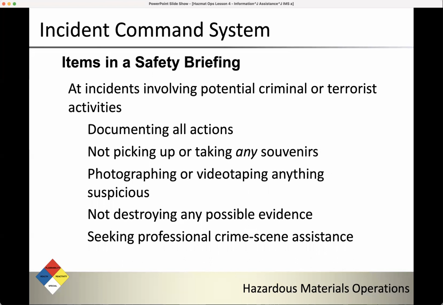We're going to document all actions. Everything we do is going to get written down. You're not going to pick anything up, take any souvenirs. I'm sorry, we're going to photograph and videotape anything suspicious. Don't destroy possible evidence and seek professional crime scene assistance. That's going to be the FBI for us, usually, when we come to criminal or terrorist activities.